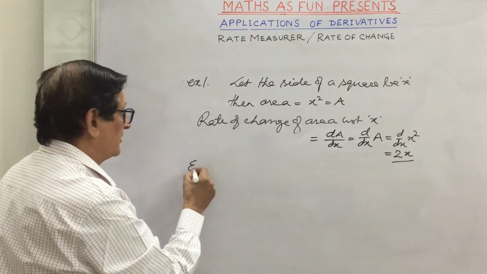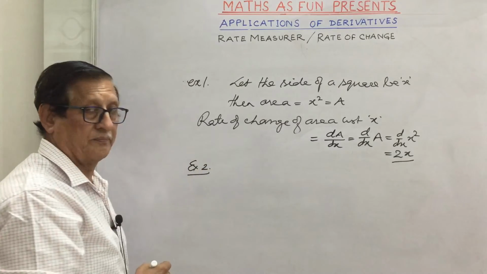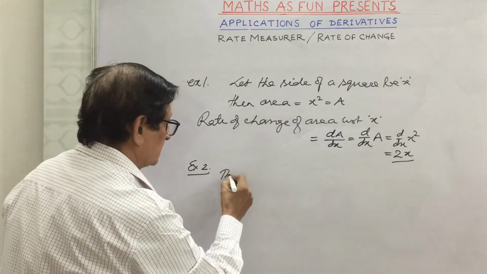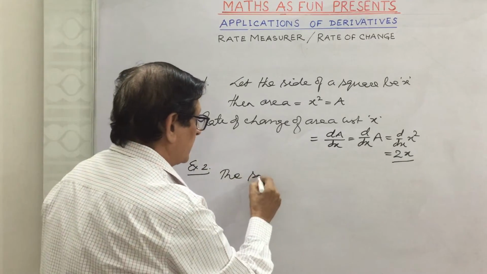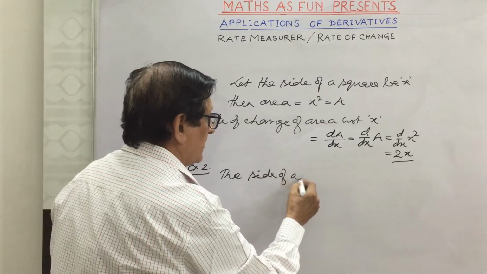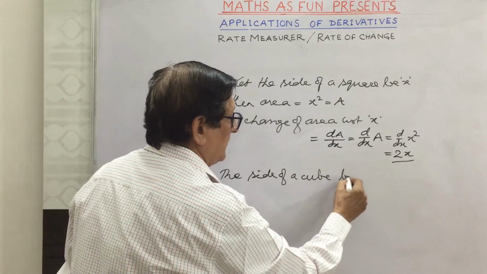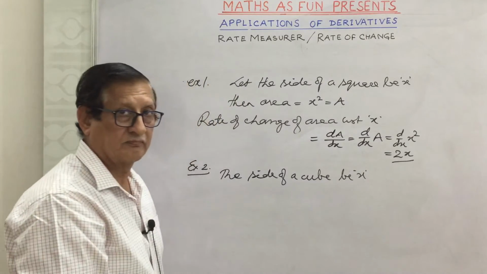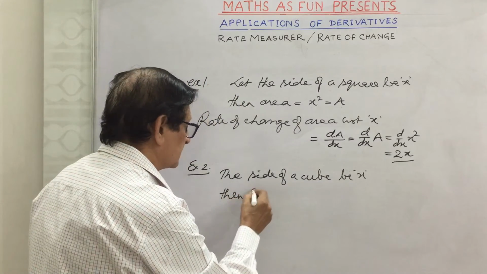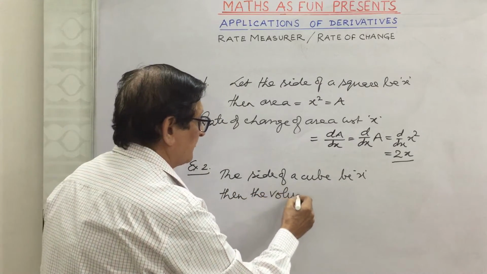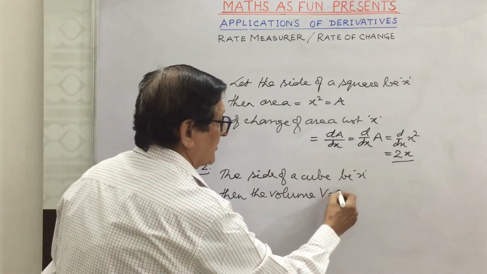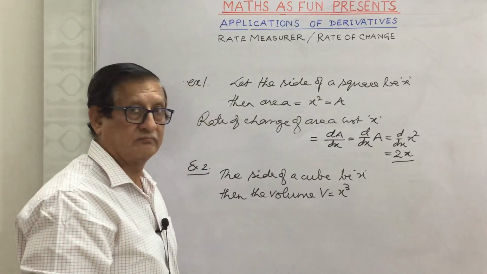Suppose we take some more examples. The side of a cube be x, then we know its volume V will be given by x cube.